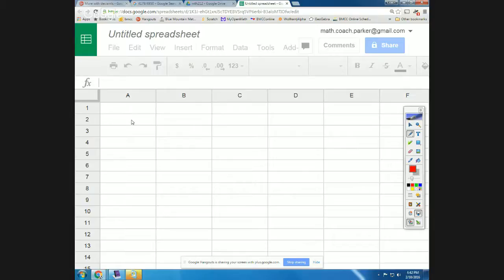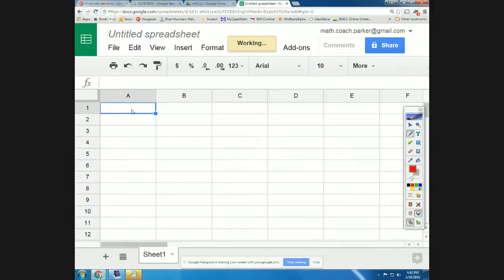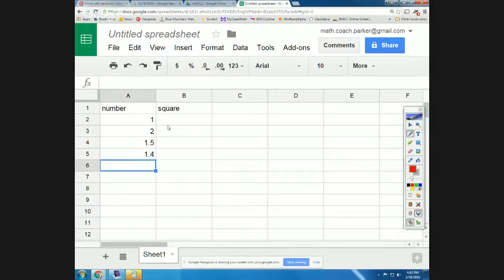We'll get to square root in a minute, that's the quick way. I put the number and its square in columns, and fill that down and start typing values.